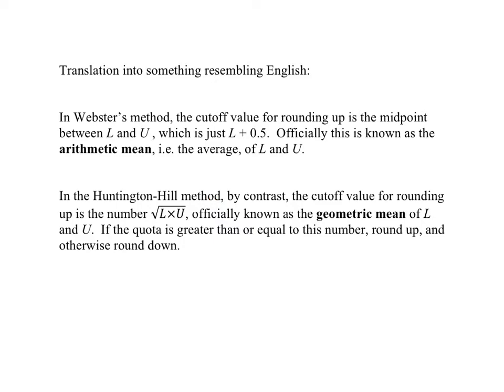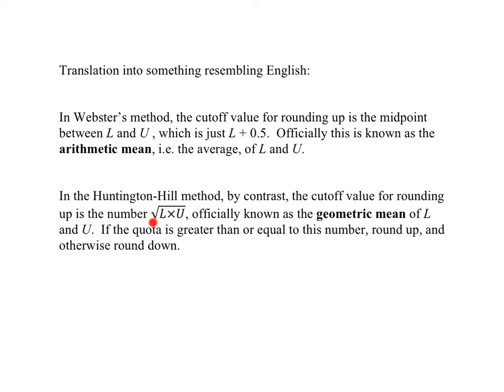Well, by contrast, instead of the boundary being lower quota plus 0.5, so think 7.5 as the halfway point between 7 and 8, instead we compute this number, the square root of, for example, 7 times 8.